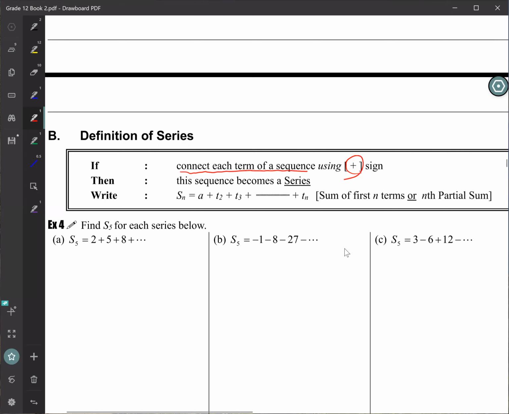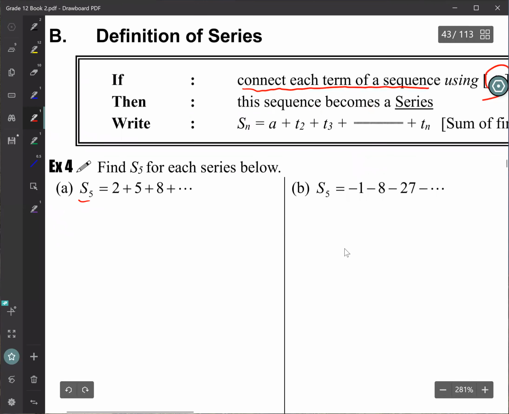So for example, when you see S5, it means adding the first 5 terms. So 2 plus 5 plus 8, the pattern is adding 3, so the next one is 11, then 14. So that's the meaning of S5, the sum. So Sn means the sum of n terms.